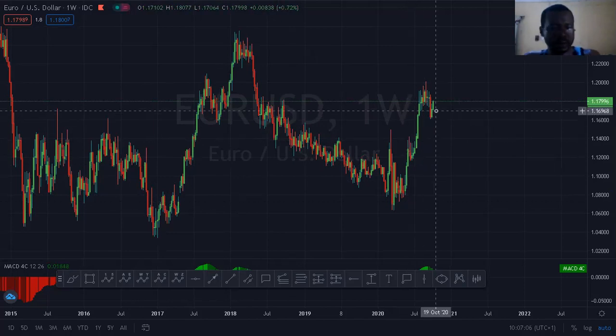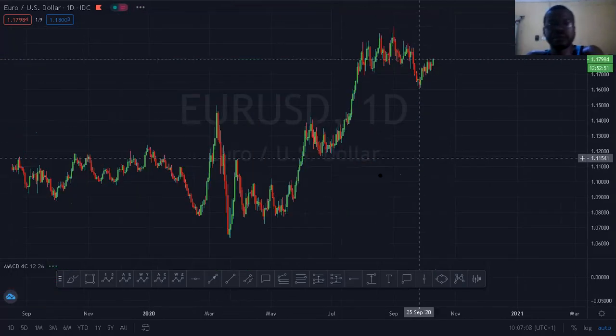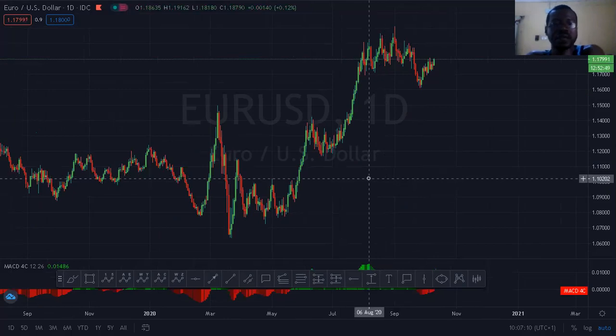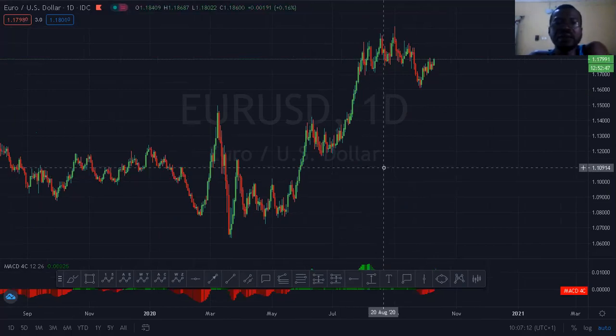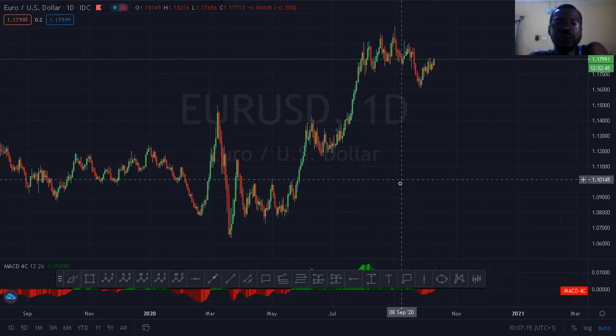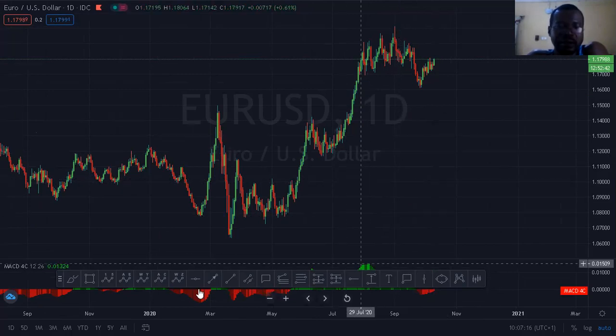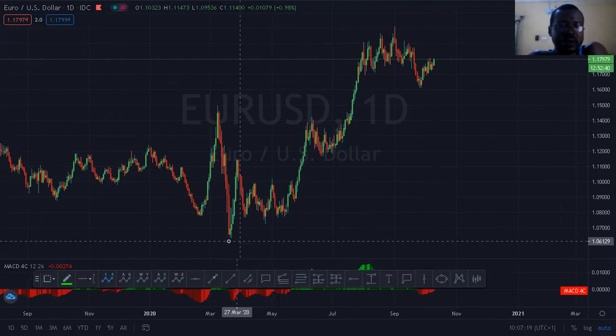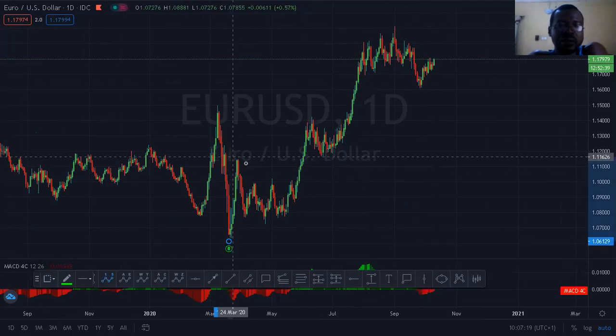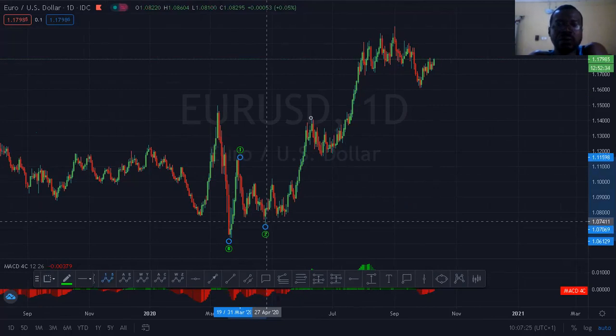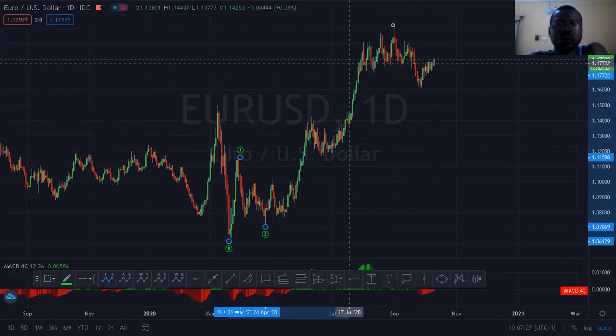So let's go to daily. On the daily chart, we can see another 5 waves developing. You can see 1, 2, 3.